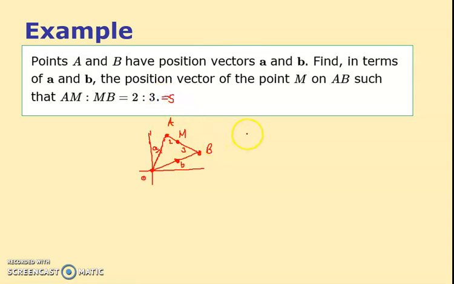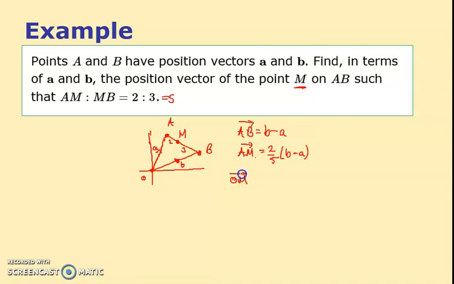So said a different way, bear in mind that AB is, as always, B minus A. Therefore, A to M, because they add up to 5, and we've got to go 2 parts of that, 2/5 of that, if you like. It's 2/5 of B minus A to go from A to M. And we want the position vector of M. I want OM.